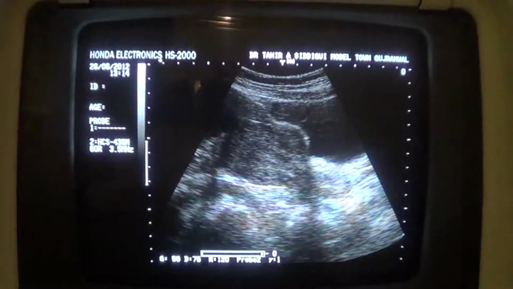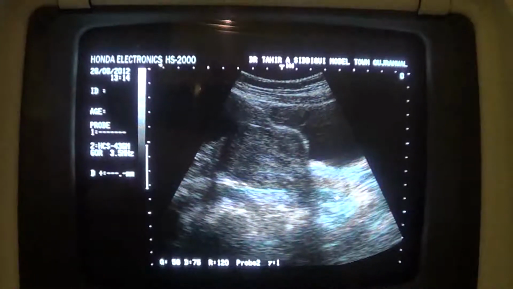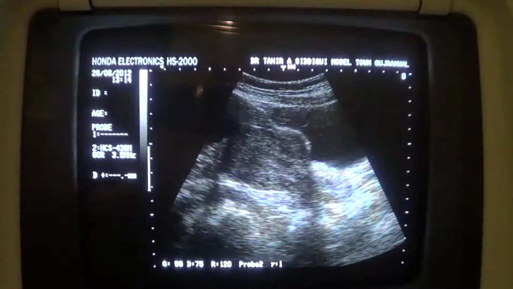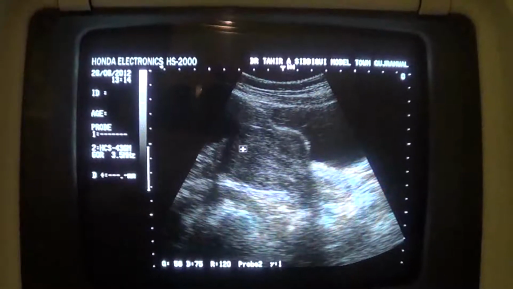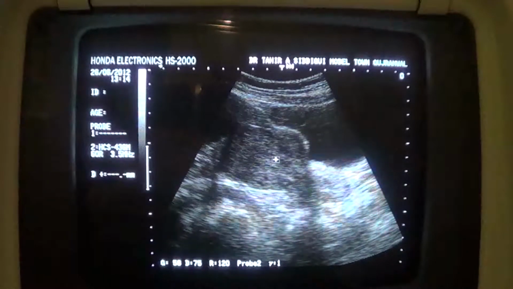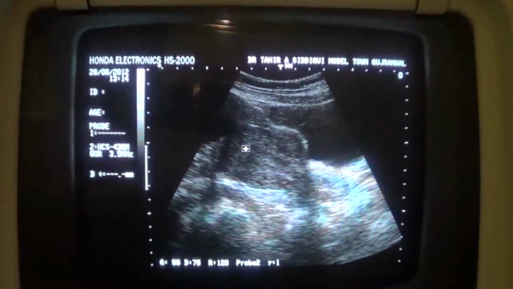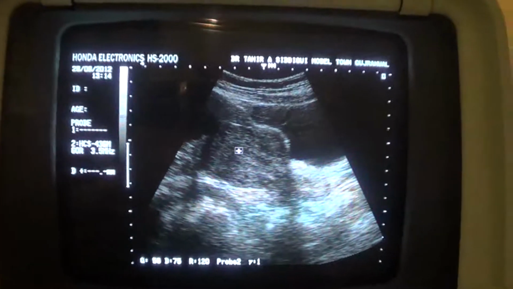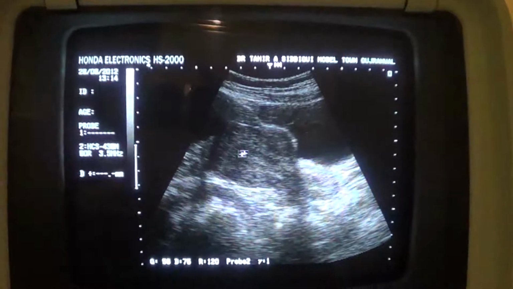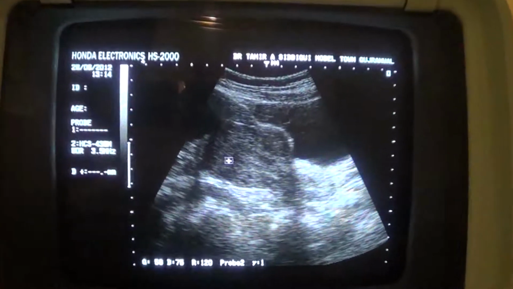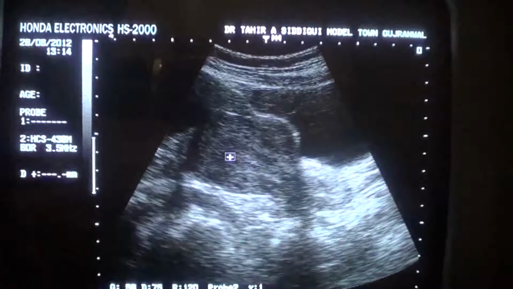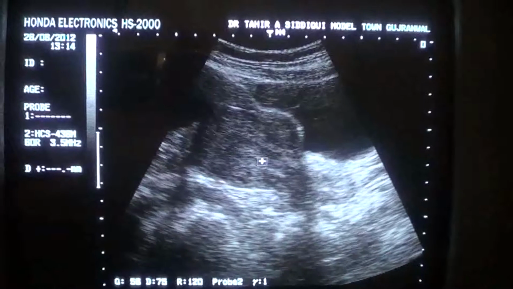So I have fixed this area to show you that this is the urinary bladder in the longitudinal section, and this is the longitudinal section of the uterus. Now the uterus, this is the fundus of the uterus, and this is the endometrial canal.